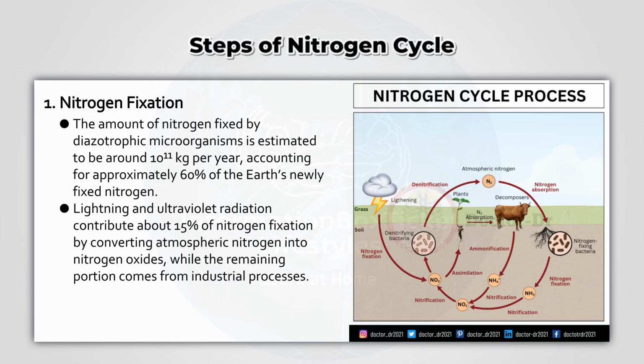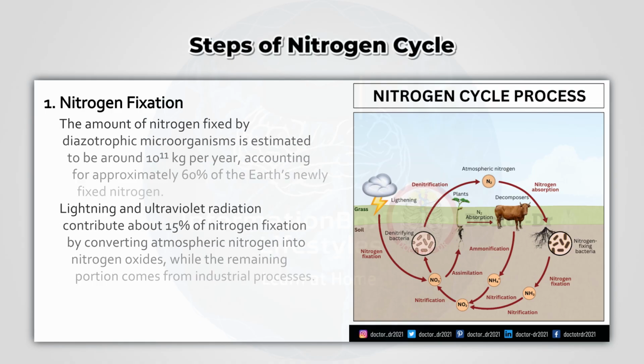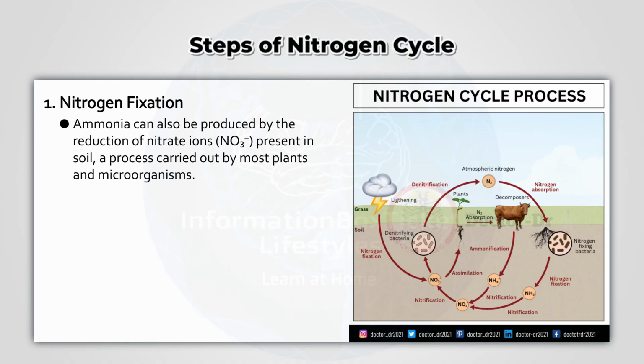Lightning and ultraviolet radiation contribute about 15% of nitrogen fixation by converting atmospheric nitrogen into nitrogen oxides, while the remaining portion comes from industrial processes. Ammonia can also be produced by the reduction of nitrate ions present in soil, a process carried out by most plants and microorganisms.